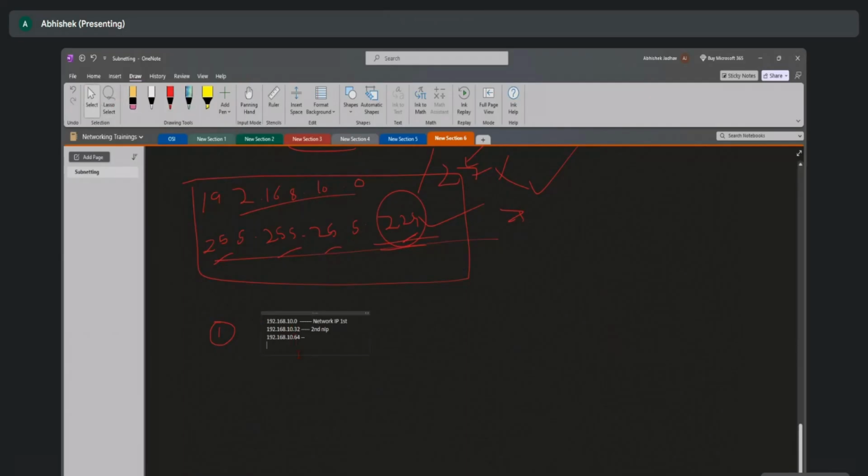Right. So let's go step by step. Next, let me just copy this. Why type it multiple times? Okay. What will be the next one? 192.168.10 dot. What's 32 for this? 64. 96.